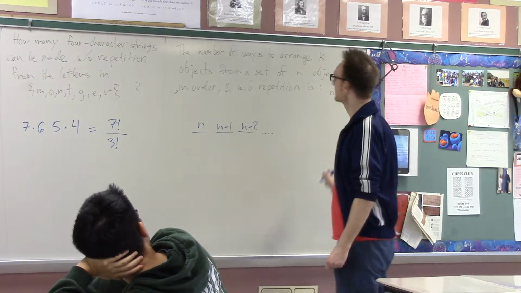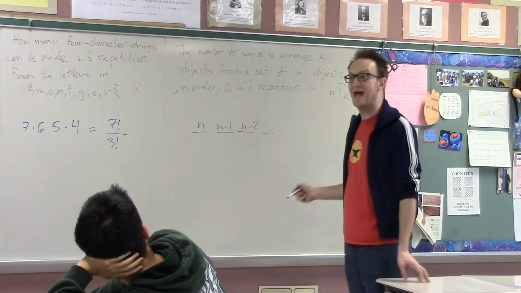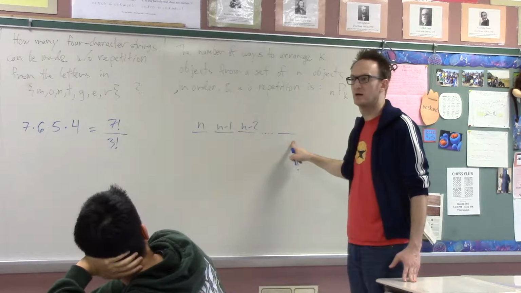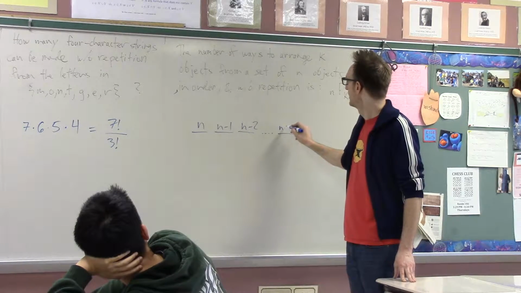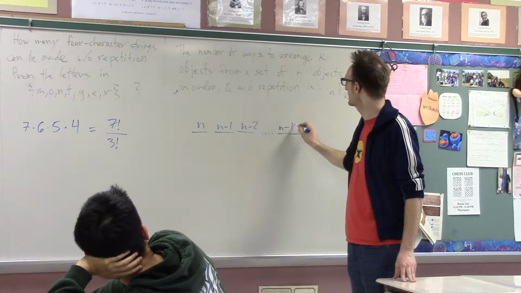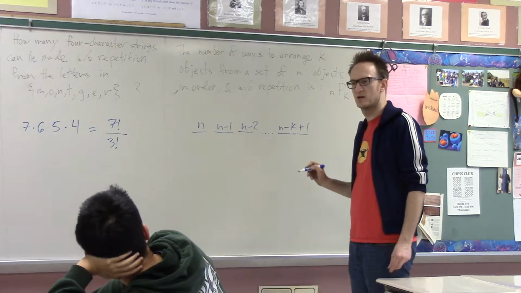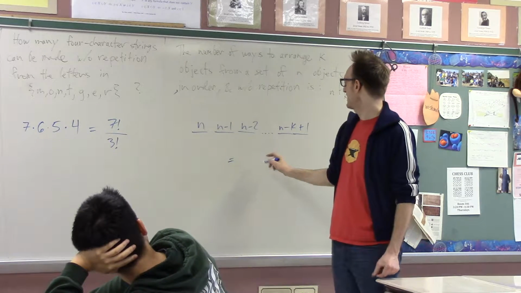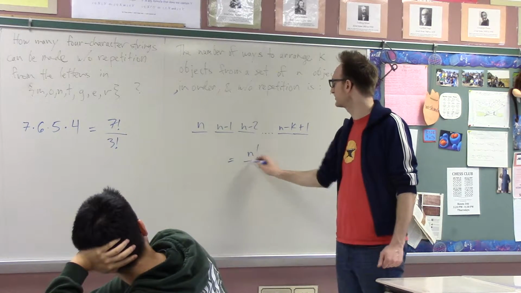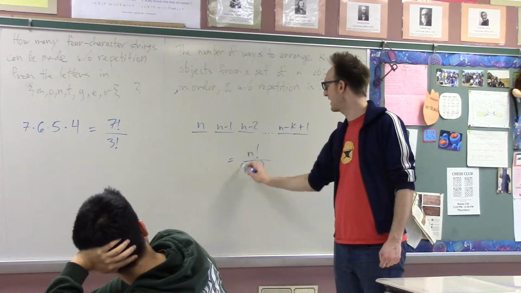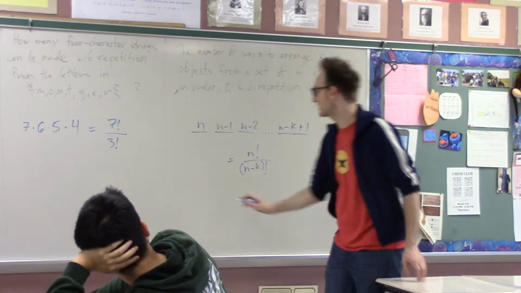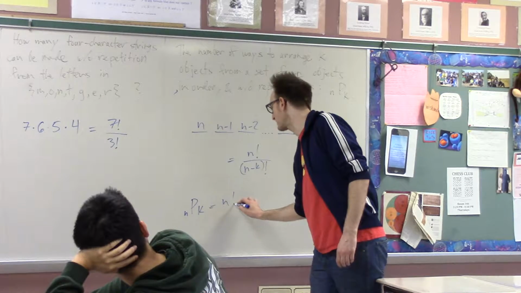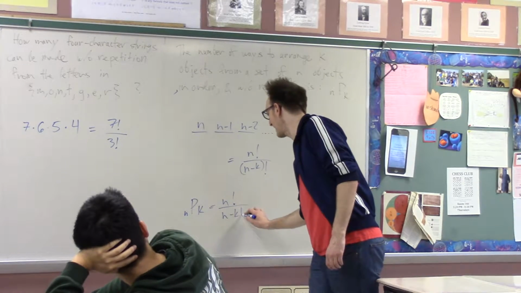And I go all the way until I'm choosing the k objects. So the last one I pick will be n minus k plus 1. And this is just n factorial divided by n minus k factorial. So nPk is n factorial divided by n minus k factorial.